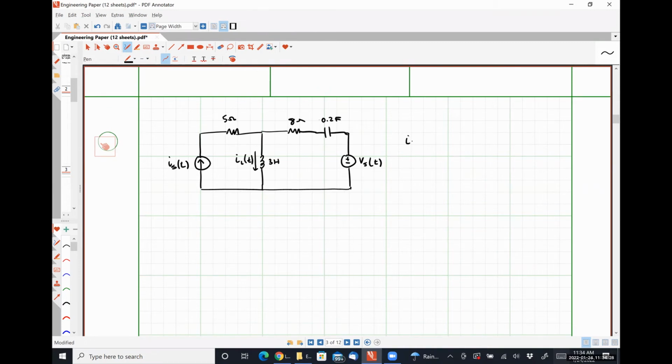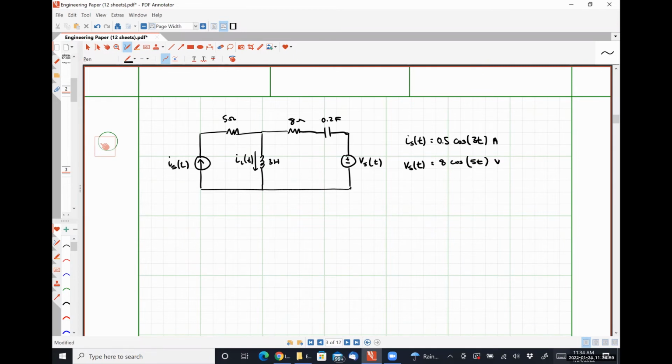Let's say that IS of T is 0.5 cosine 3t amps, and ES of T is 8 cosine 5t volts.